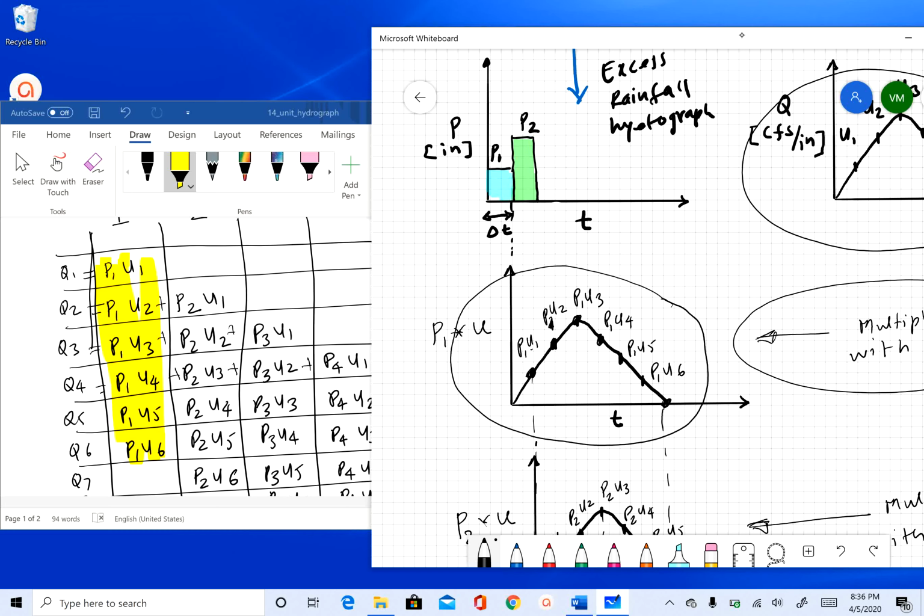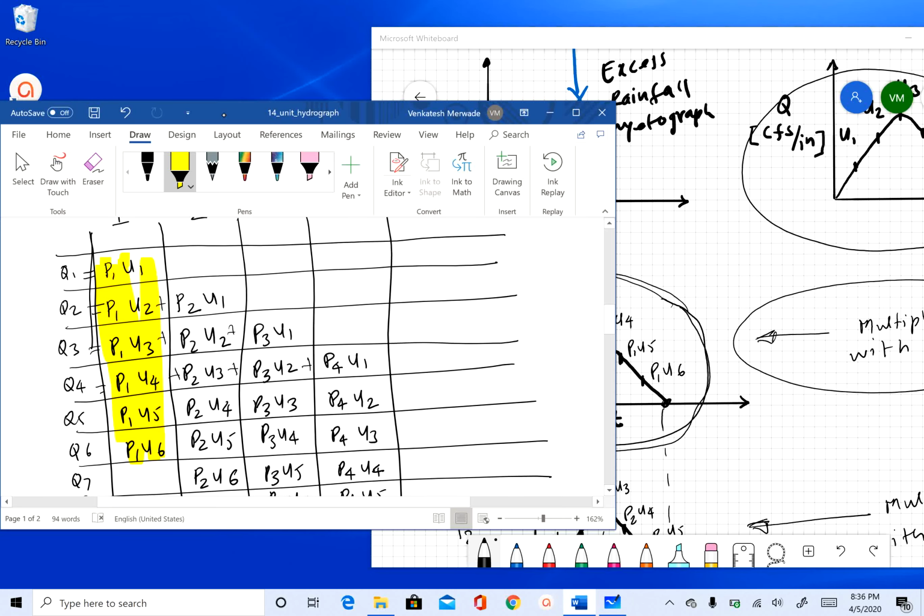The highlighted column is the first step that we did when we derived the unit hydrograph. So you can see how this is all related, and how this column translates to what we did in the previous video.